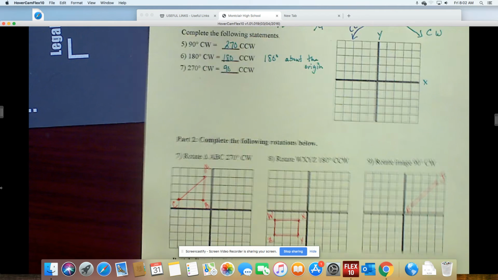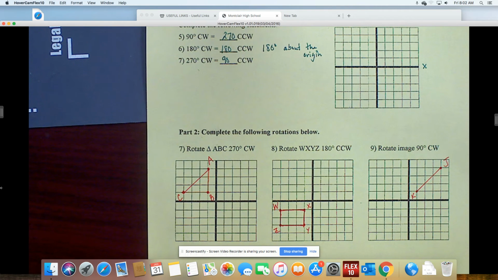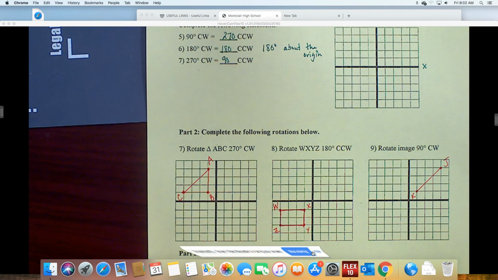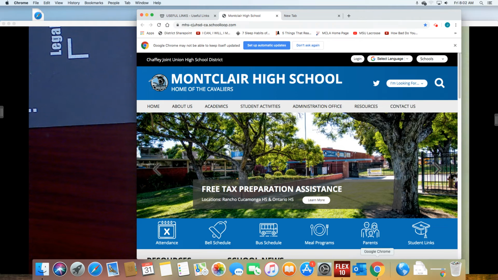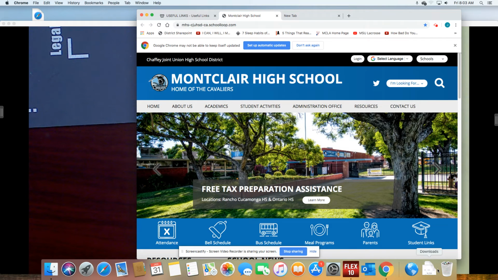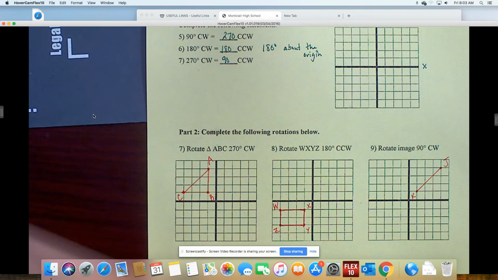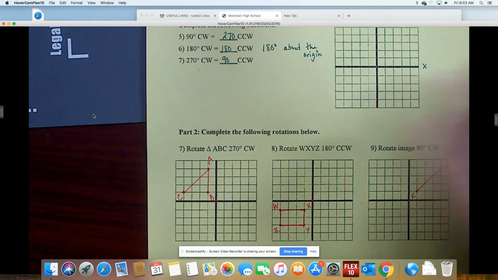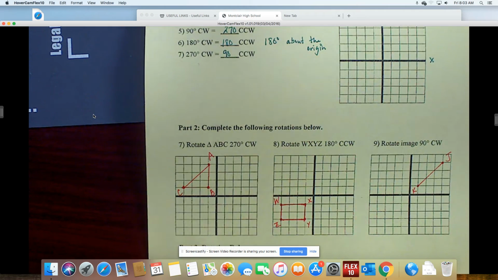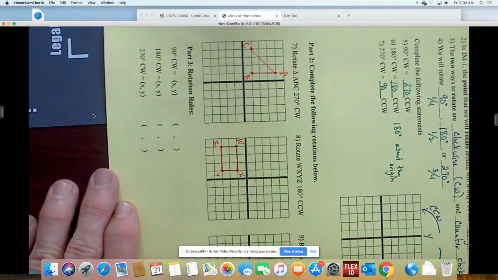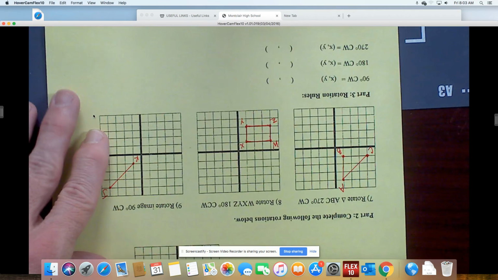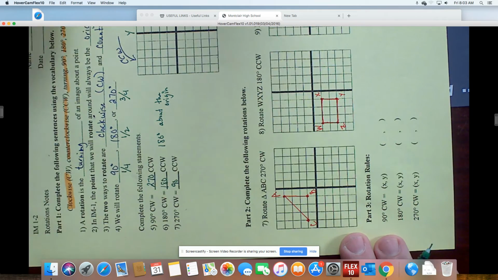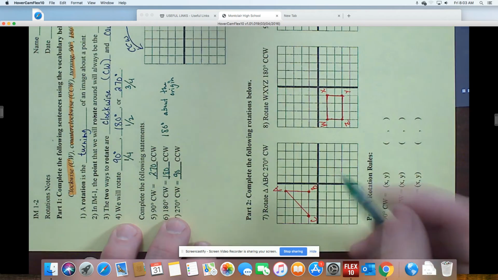Okay, so if we're going 270 degrees clockwise, that means we're going 3/4 of a turn. So 1/4, 2/4, 3/4 of a turn.